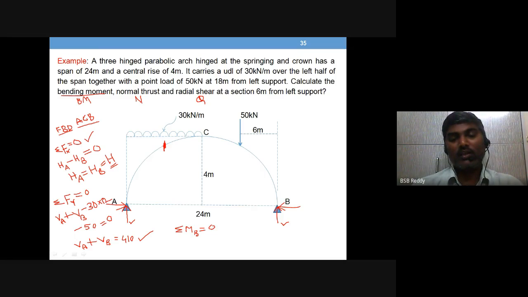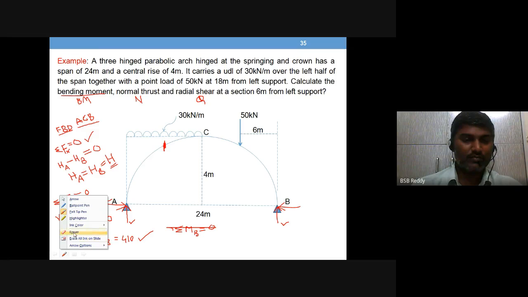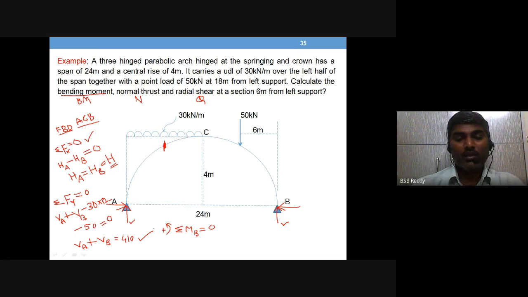Taking any of the directions positive, maybe clockwise or anti-clockwise, let me write anti-clockwise is positive. Right, all anti-clockwise moments are positive for me.